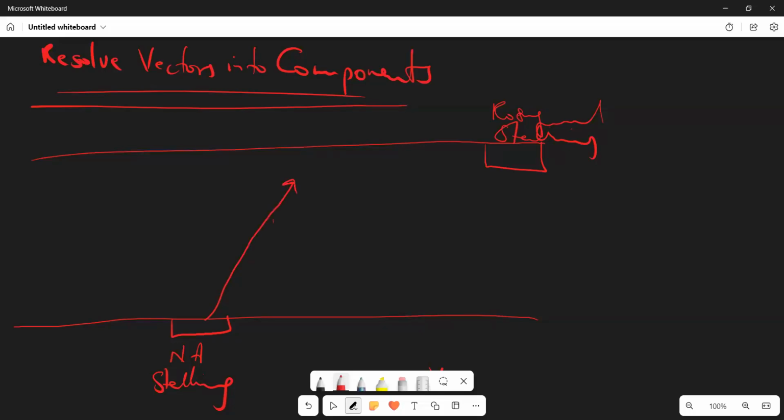You point the boat in that direction and it's going at, let's say, 5 km per hour. But then remember there's a current. Maybe the water is flowing at, let's say, 2 km per hour.